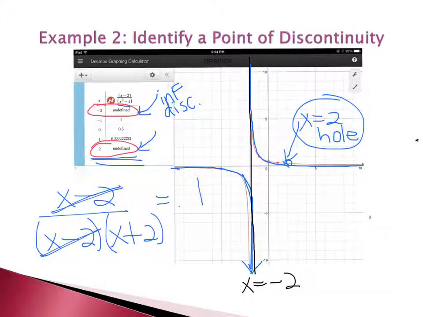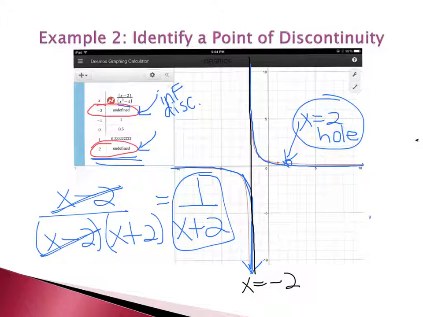Because if I just simplified my function into 1 over x plus 2, then I would never know that there's a hole at x equals +2. So that hole needs to be on the graph to show that we've canceled out these factors of x minus 2, and we have two places where our function is discontinuous. This is a removable discontinuity.